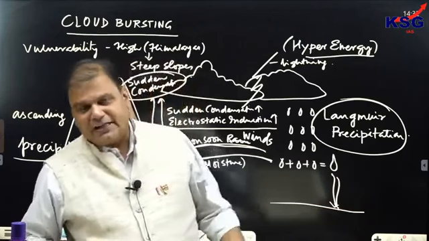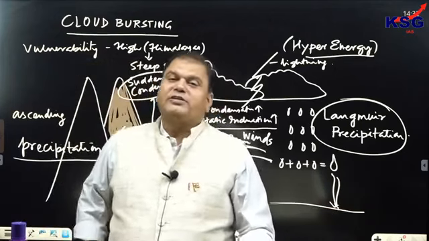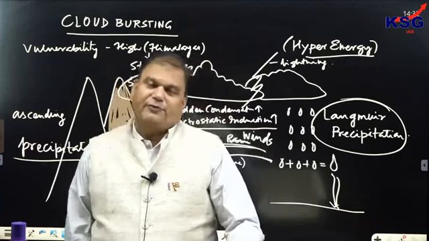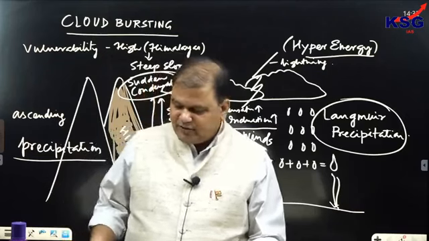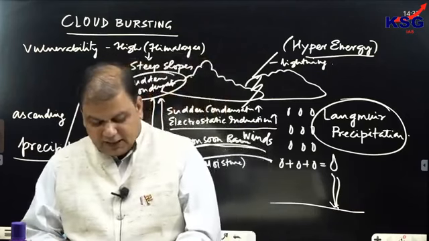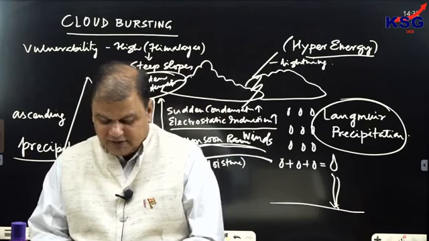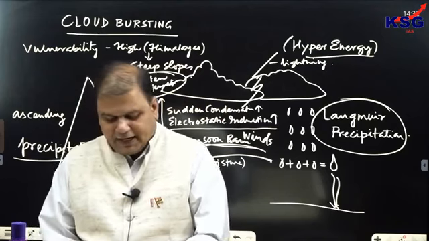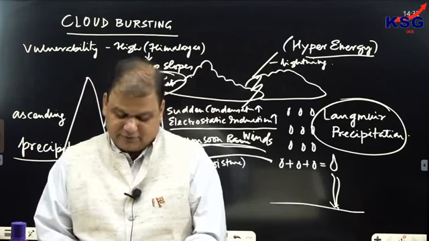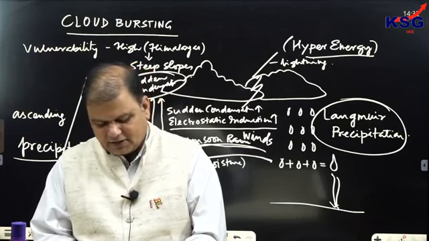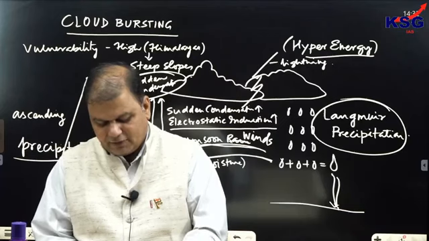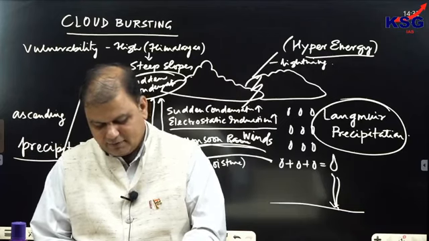And do remember that as far as cloud bursting is concerned, cloud bursting would be followed by heavy rainfall and landslides. Write down: cloud bursting is followed by heavy rainfall and landslides.